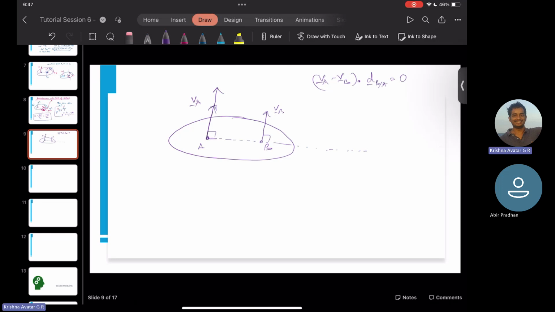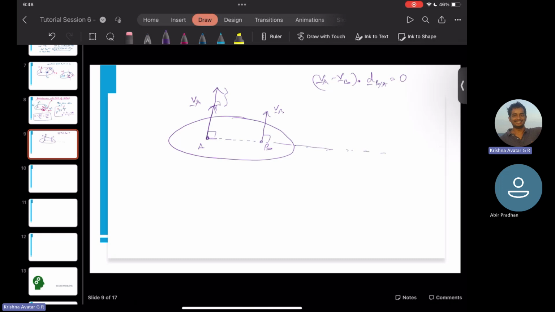So the relative motion has to be perpendicular to the line AB. Because of it, both the velocity vectors individually have to be perpendicular to the vector dAB. So this will be perpendicular, right? It's a simple argument here.